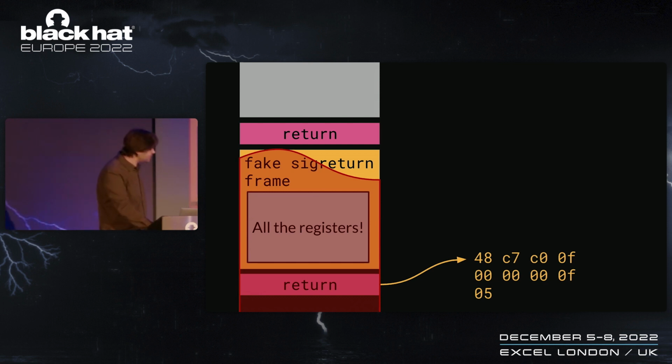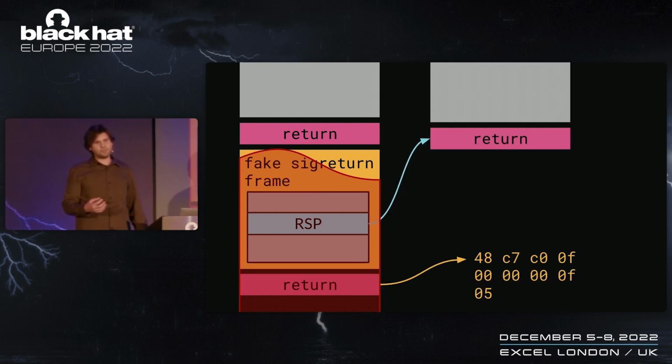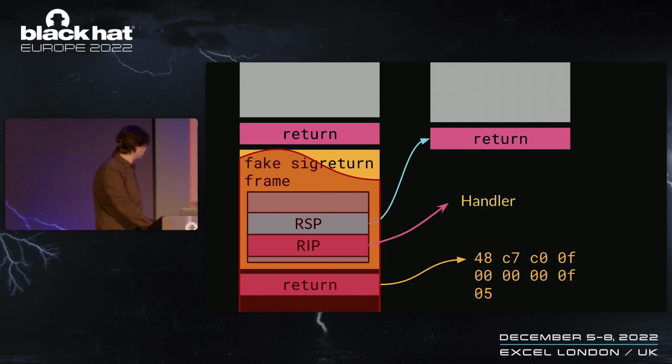The unwinder restores registers. One of the registers in this frame is the RSP, the stack pointer, so when the unwinder unwinds this register, we have the possibility to pivot the stack to an attacker controlled location. Another register in this frame is the RIP, so you can essentially trick the unwinder to execute a different handler by crafting this fake sigreturn frame.